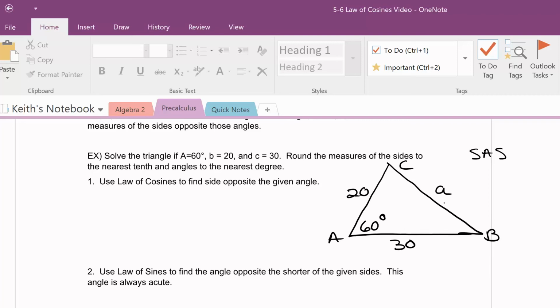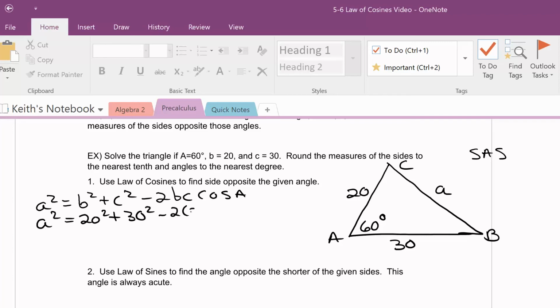We'll try to find the side opposite the angle. So A first. So that means A squared is going to equal B squared plus C squared minus 2BC cosine A. So that means A squared is equal to 20 squared plus 30 squared minus 2 times 20 times 30 times cosine 60.